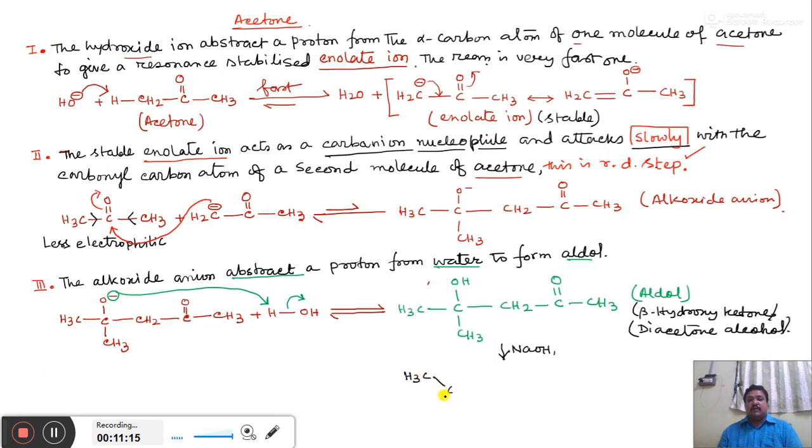The structure of the alpha beta unsaturated ketone is that, and its name is mesityl oxide.